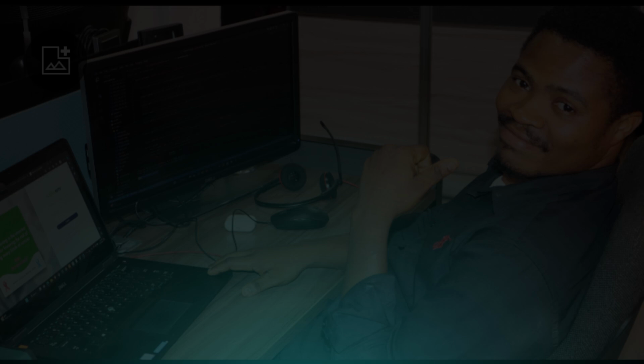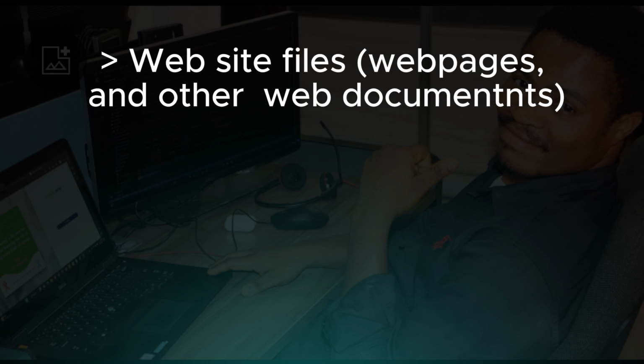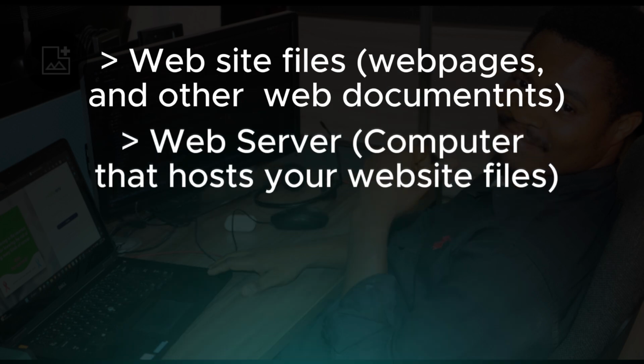First of all, you have your web pages that are linked together. Then number two, you should have a web server. Your web server is a host, or like a computer that your web files are saved on. So a computer with network connectivity.